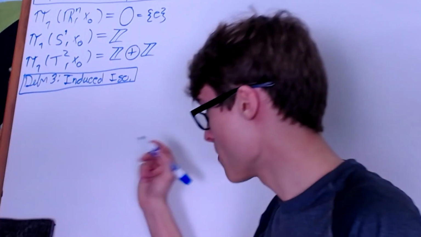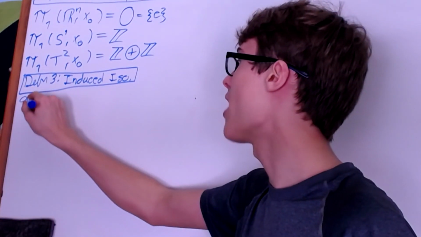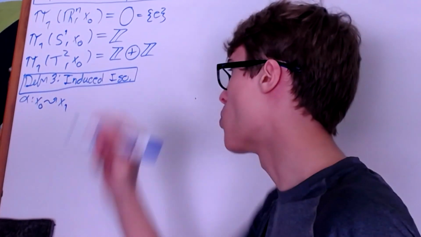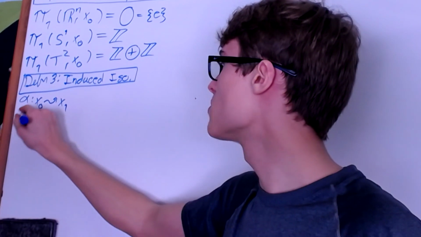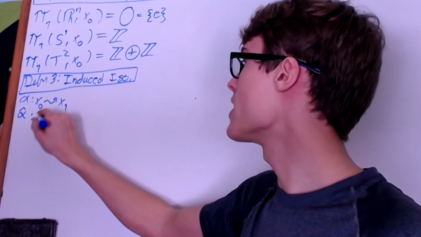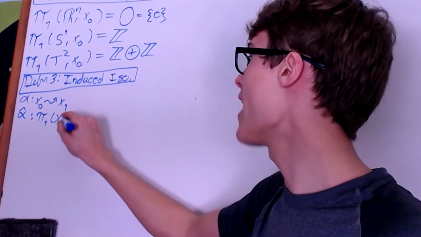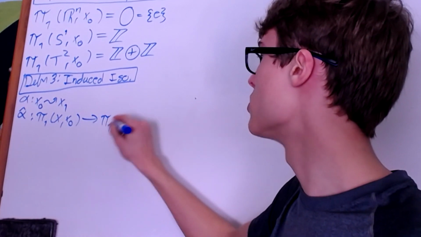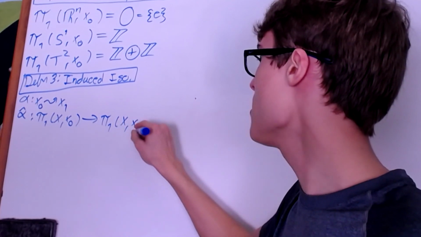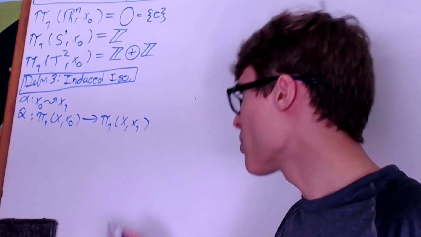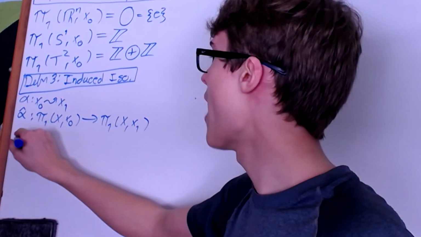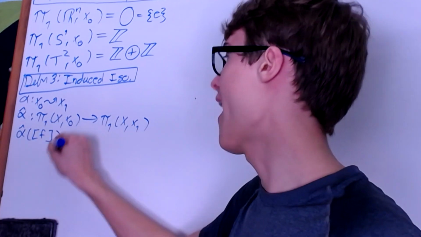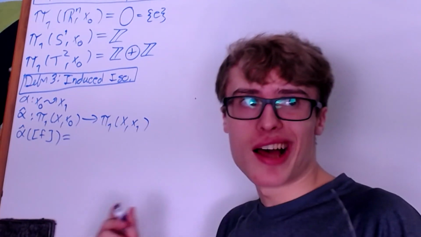So what I mean by this is that I can take any path, alpha, which goes between, say, x0 and x1, and I can induce an isomorphism, alpha hat, which takes you from the fundamental group on x at your start point and brings you into your fundamental group at x at your end point. How do I define this? Well, alpha hat of some equivalence class f, the way we define it is by conjugation.